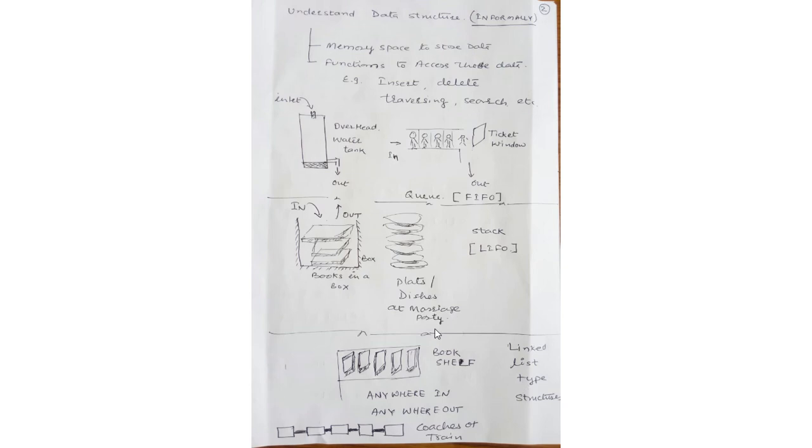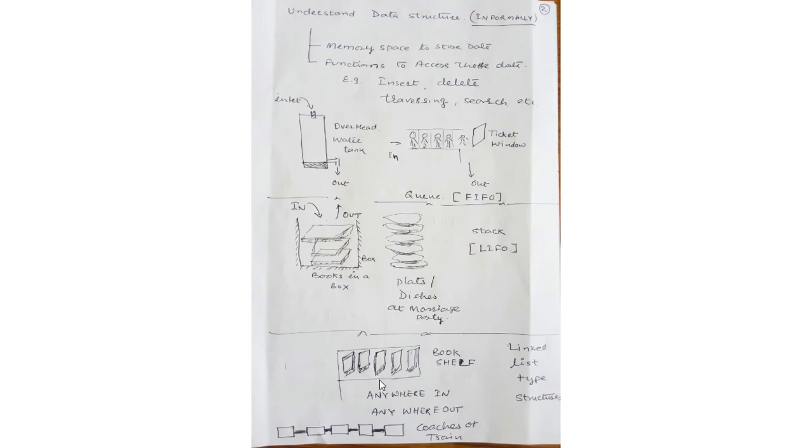Now you see, here is a bookshelf where I can put books horizontally. Or see this another example where there are coaches of a train which are connected to each other. What can I do?